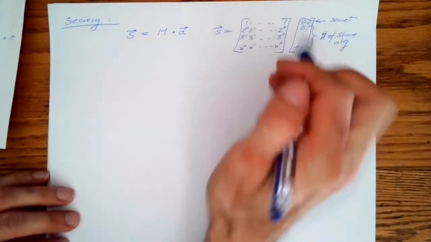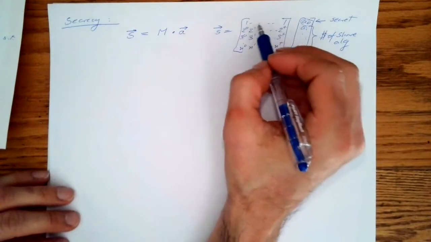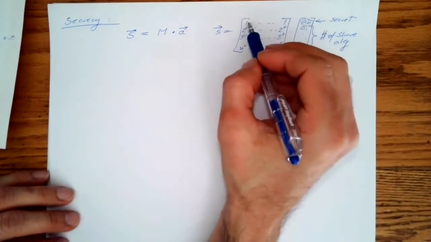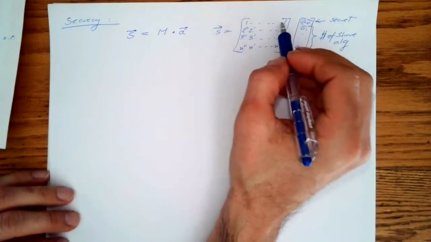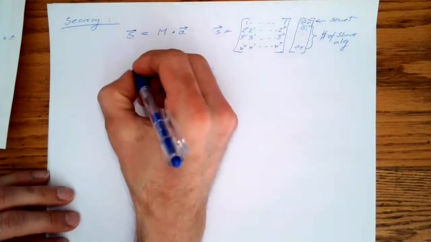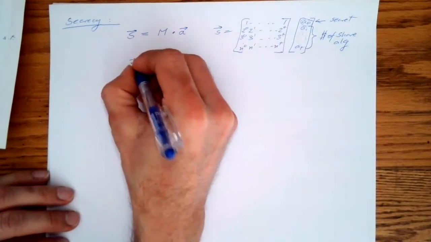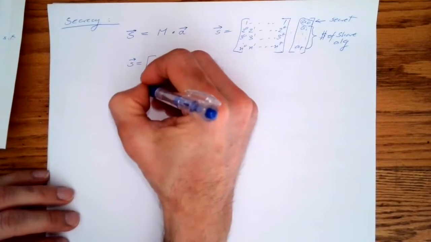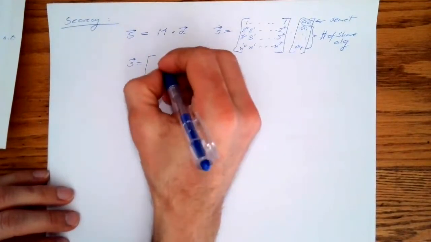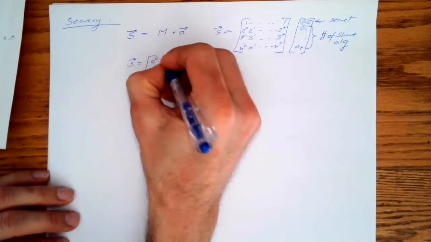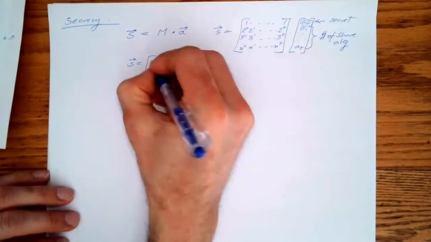So let's split it, but that's easy because A0 always acted with the coefficient 1. So I can rewrite S using this polynomial evaluation matrix.